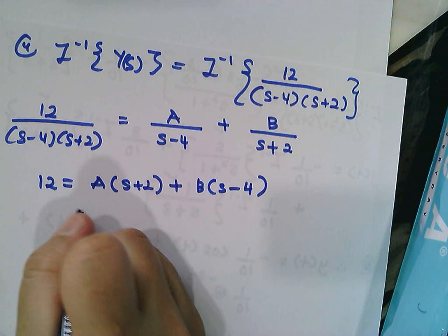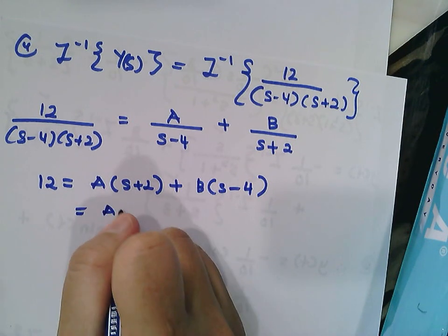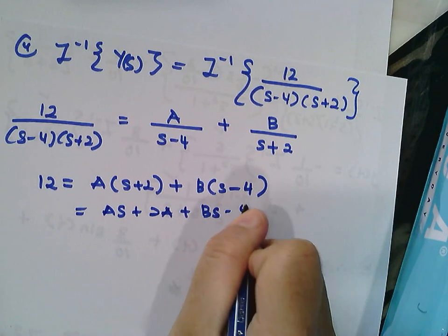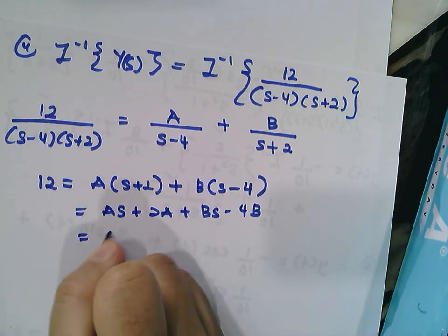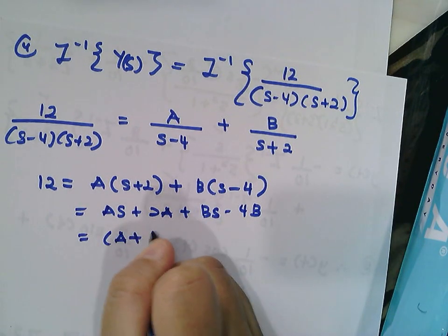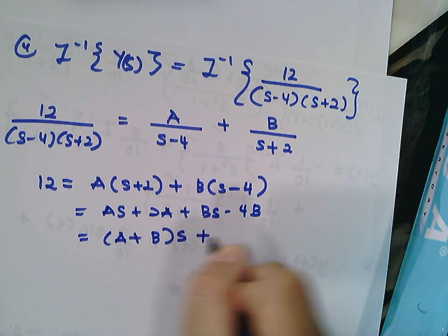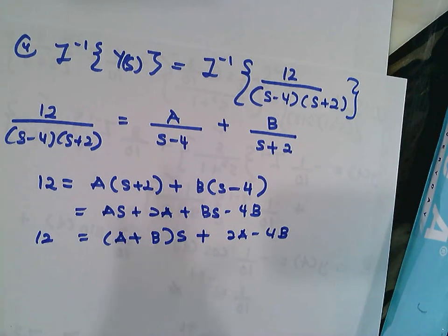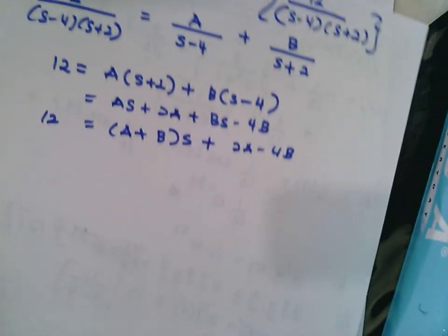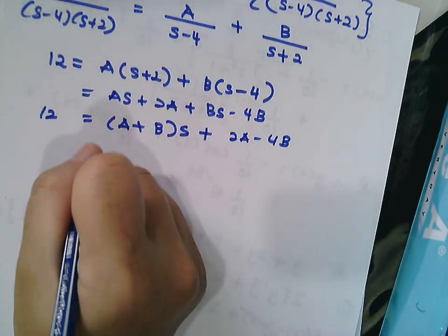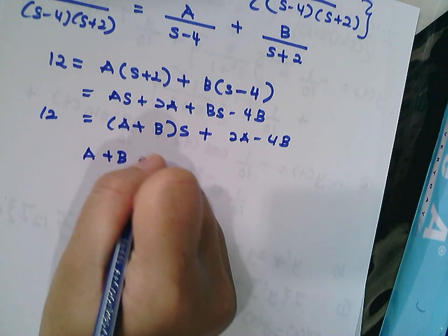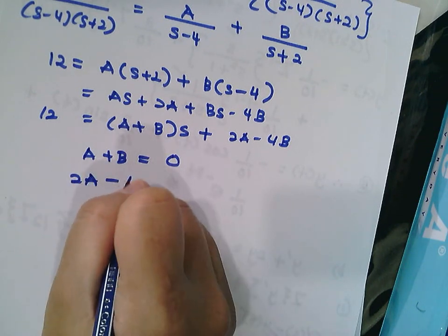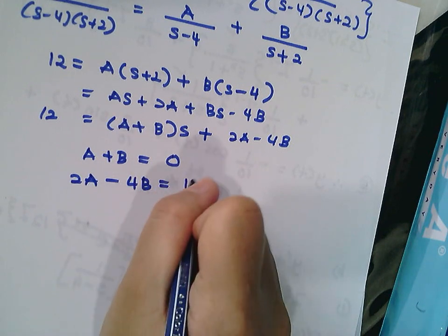So expand the whole expression here will give you plus Bs minus 4B. So factorize according to the variable. So (A plus B)s plus (2A minus 4B) is equals to 12. So from two equations, the first one will be A plus B is equals to 0, and the second one is 2A minus 4B is equals to 12.